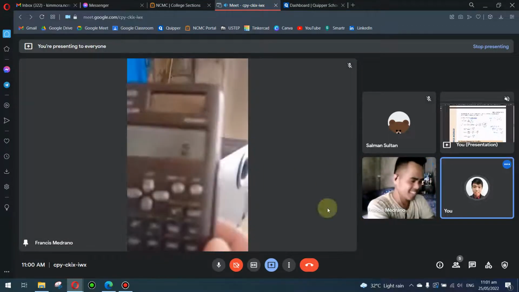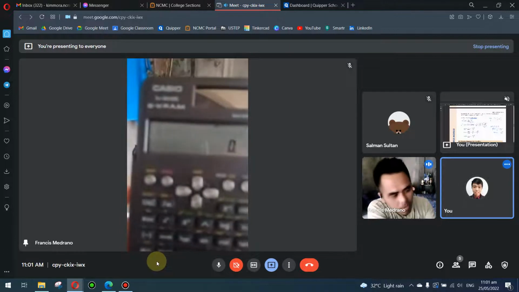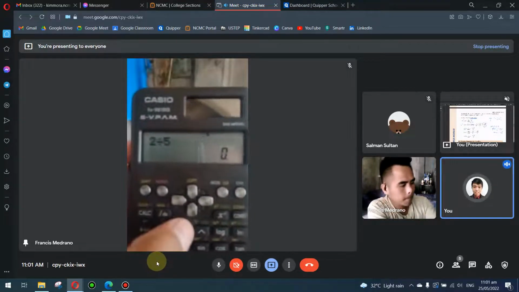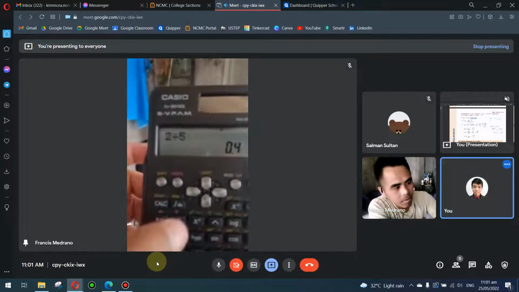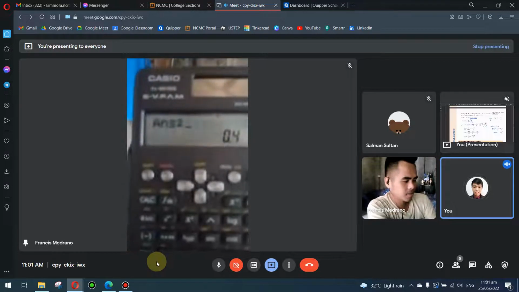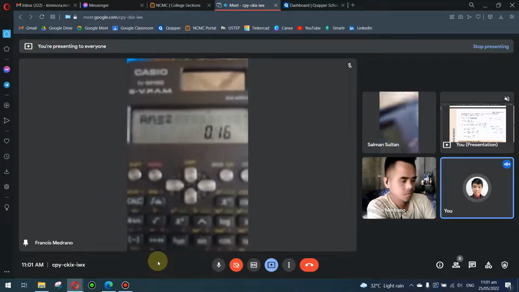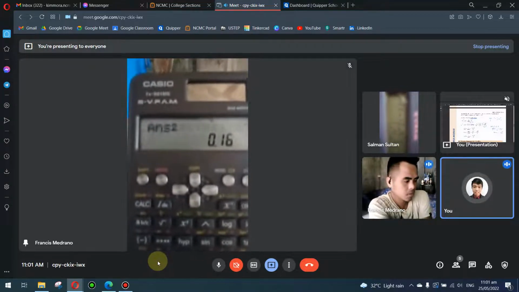Press equals, then squared. Equals. The answer is 4 divided by 25, which is 0.16. Then 1 minus answer.